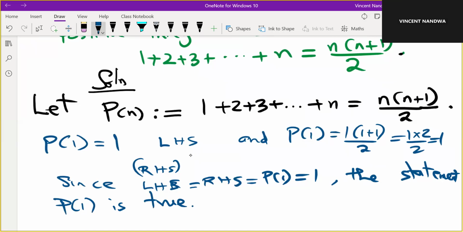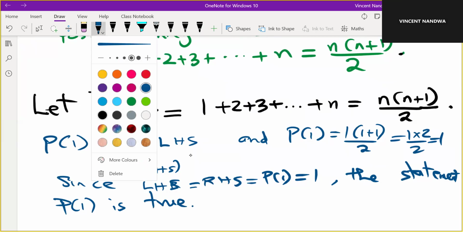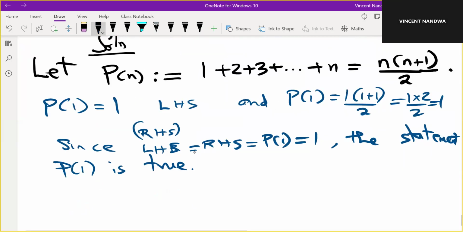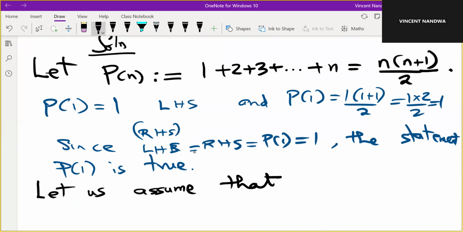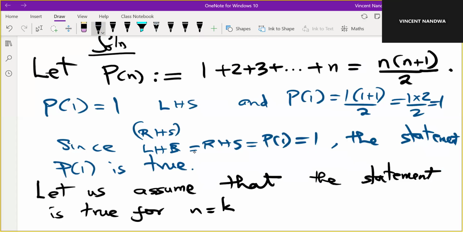So next, we assume that P of k is true. That is, the statement is true for n equals k.